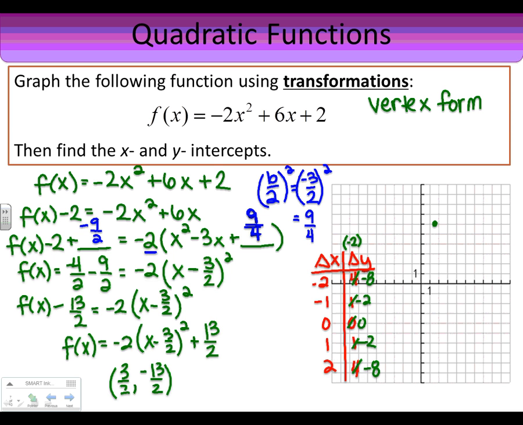Then I'm going to go negative 1 on the x's, negative 2 on the y's. And positive 1 on the x's, negative 2 on the y's. Positive 2 on the x's, negative 8 on the y's. And there is our parabola.